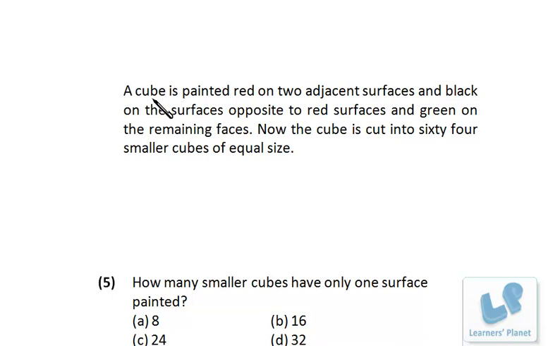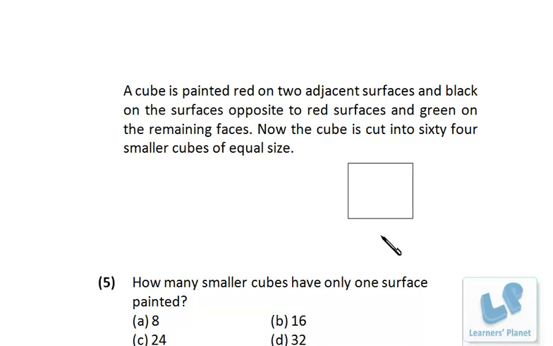Now, a cube is painted red on 2 adjacent surfaces and black on the surfaces opposite to red surfaces and green on the remaining faces. Now the cube is cut into 64 smaller cubes of equal size. Now friends, all the 6 faces are colored. Red on 2 adjacent. I just draw the top view only.